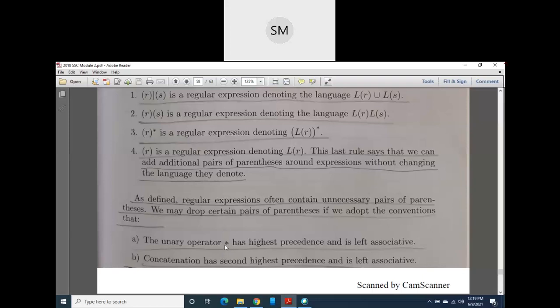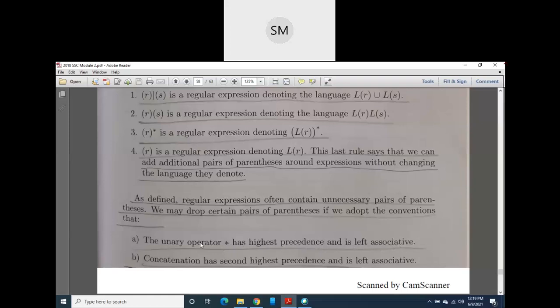But here I am talking about the Kleene closure operator star, which is a unary operator. It means that it operates on only one language or one operand. And this Kleene closure has the highest precedence. First we should perform this Kleene closure, and its associativity is left to right.